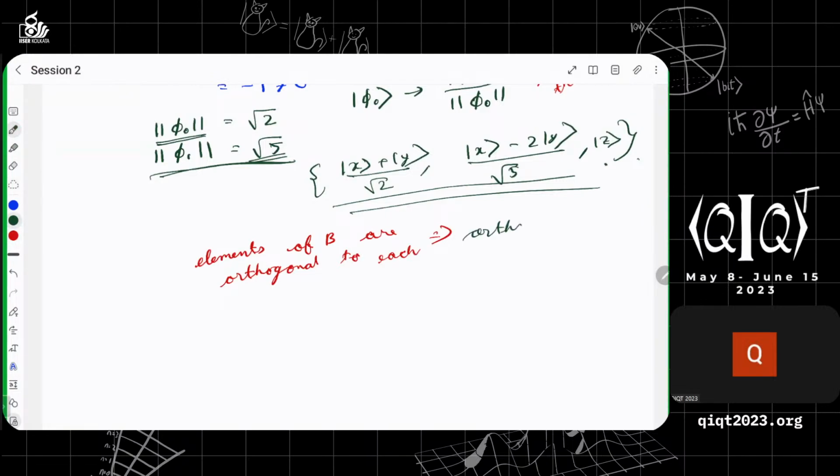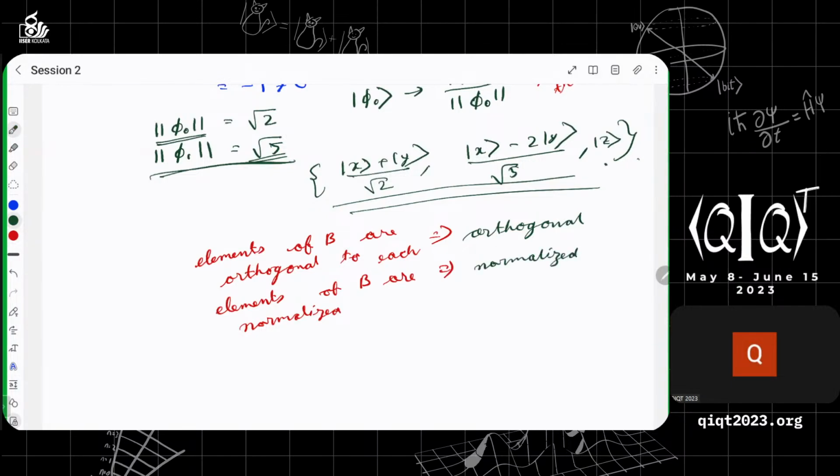And if the elements of B are unit vectors or normalized, then we will call it a normalized basis.